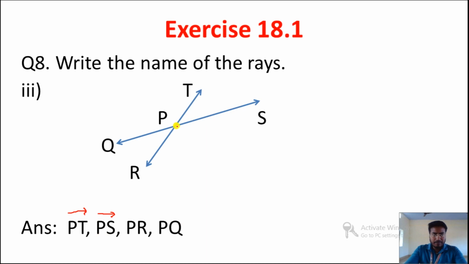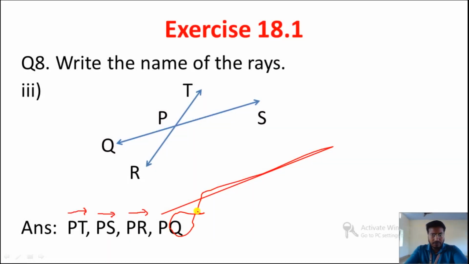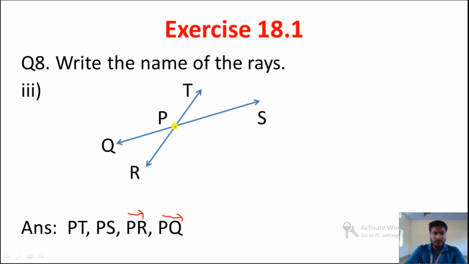Then same PQ, give here that symbol. And last PR. Alright, from here PQ and PR. So these four rays are there in it.